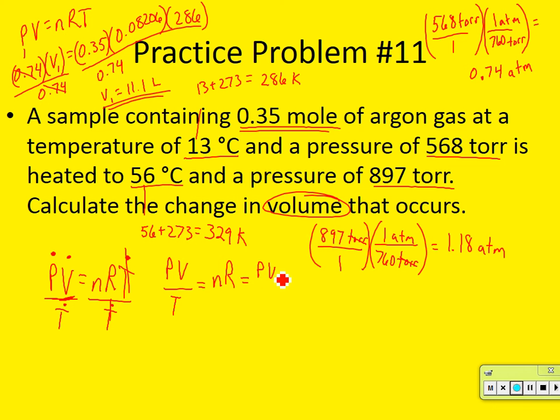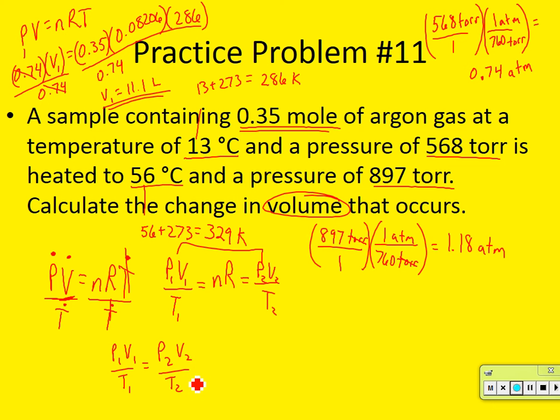So PV over T, I'm going to put 2 here because that's what they're changing to, and put 1 here because that's what they are initially. And so we can say that they're going to be equal to each other, right? Yes. So P1 V1 over T1 is equal to P2 V2 over T2.